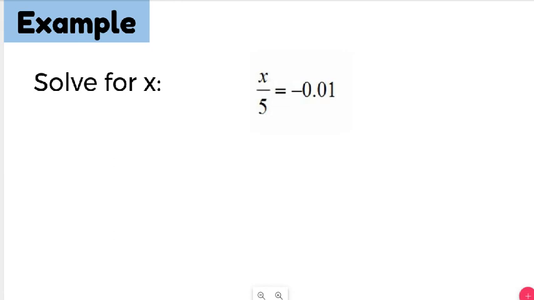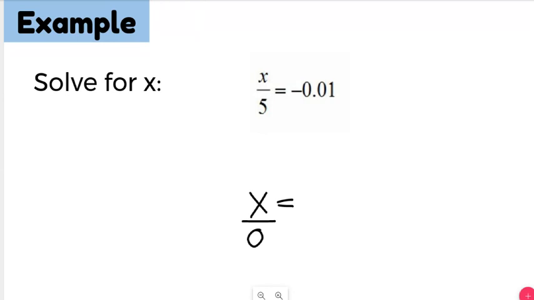Remember our goal. Our goal is to have x by itself. And then again, think about what do I need that 5 to become to keep x? Let's talk again. Our number either becomes 0 or it becomes 1. If you're not sure which number it's supposed to become, check it out. Well, is 5 supposed to become 0? x divided by 0.